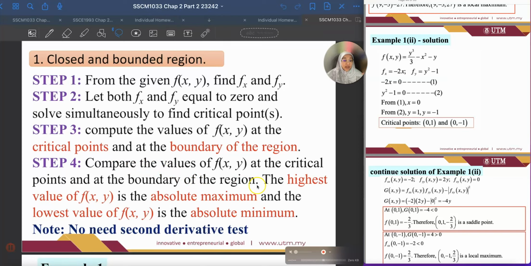The highest one we call the absolute maximum, and the smallest one the absolute minimum. That's it. No need for the second derivative test if it is bounded. Remember I mentioned just now, there are two cases: closed and bounded region, and the other one is open region. This method is applicable for closed and bounded regions.